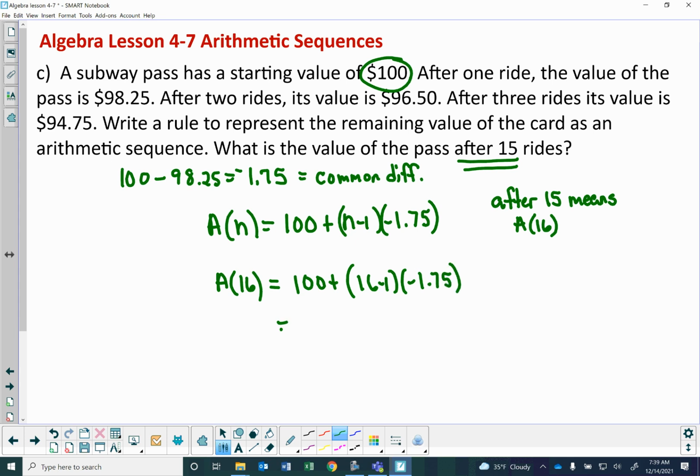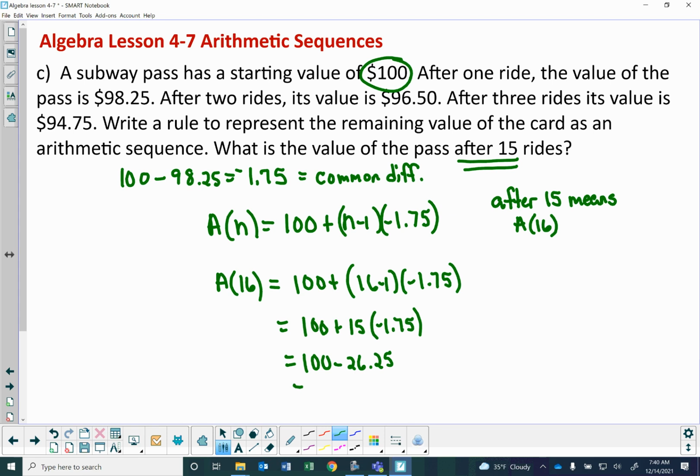So that's going to be 100, 16 minus 1 is 15, times negative 1.75. If I take 15 and multiply it by negative 1.75, I will get negative 26.25. So this will be 100 minus 26.25 because plus a negative is the same as minus.